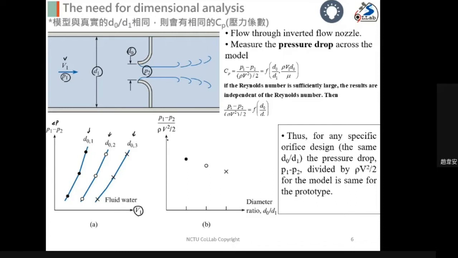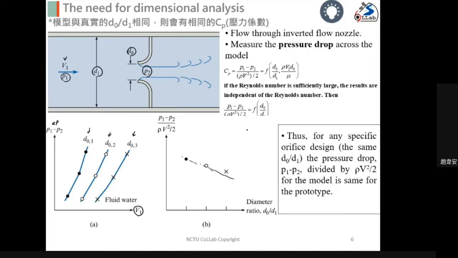And you see that even though we change the small diameters, they always follow the same relationship between the diameter ratio and the ratio of the pressure difference to the kinematic energy.